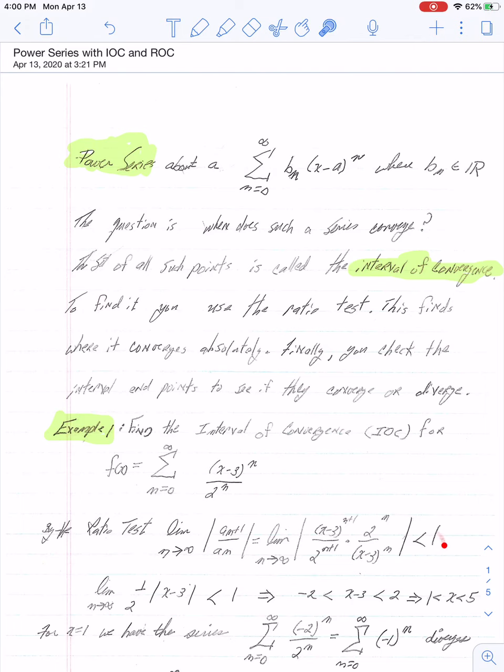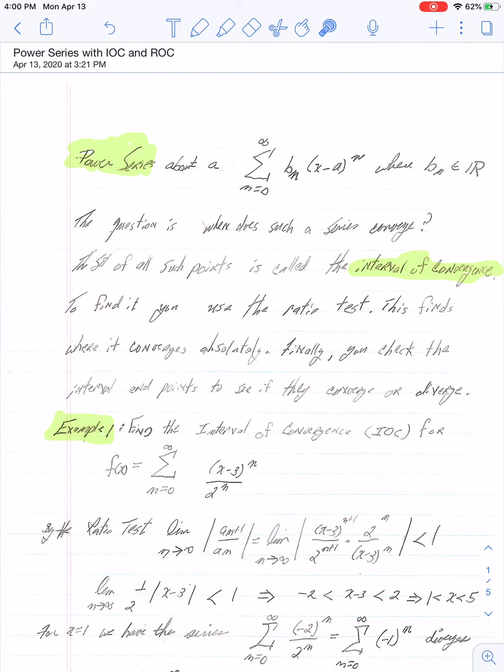And whenever that's less than 1, then it converges absolutely. So that's what we're going to do. We're going to take the limit as n tends to infinity of a sub n plus 1 over a sub n, set it less than 1, and solve for x.